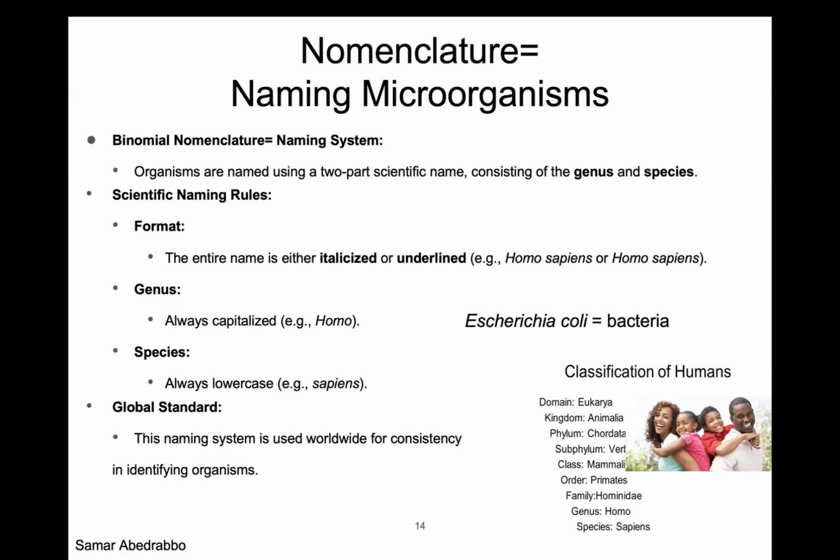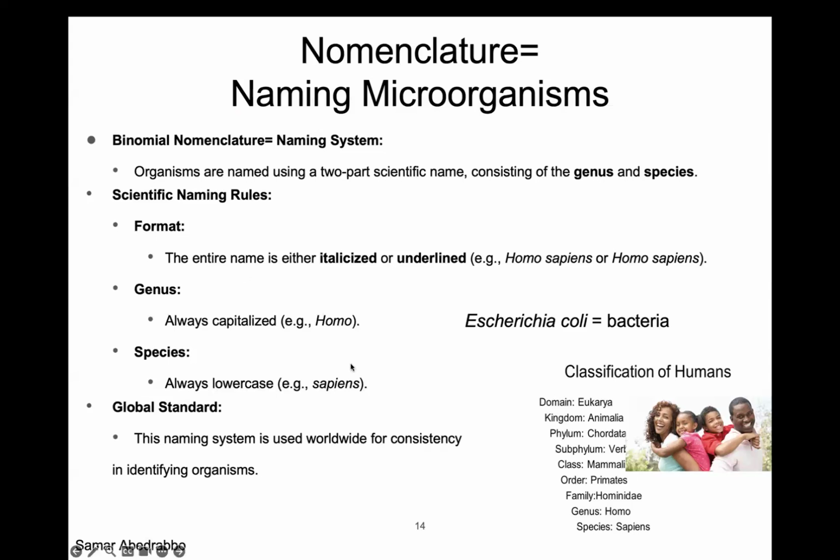But the scientific word for human is Homo sapien. If you say the word Homo sapien to a scientist in America or a scientist in India or a scientist in China, we will all know that that refers to human. So that's what we mean by saying the naming system is used worldwide when people write scientific papers. E. coli is E. coli anywhere you go.